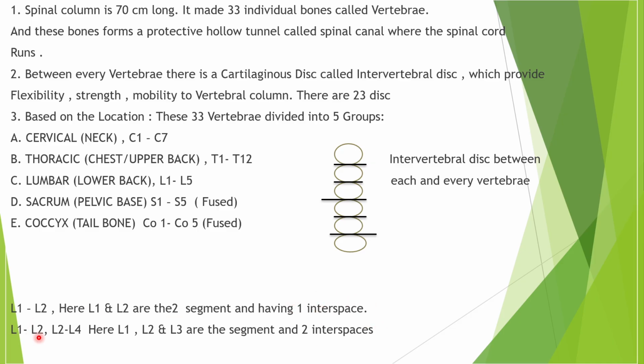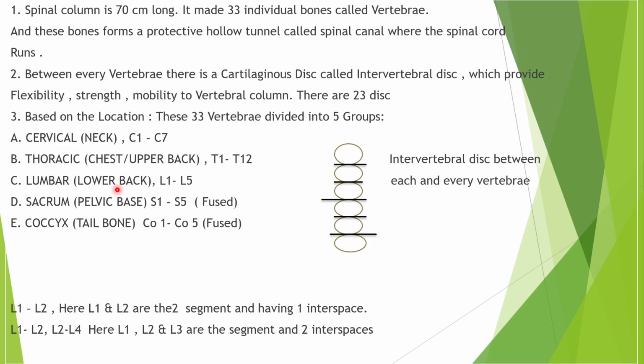For example, L1 to L2, L2 to L3: L1, L2, L3 are the segments, but there are two spaces. L1 to L2 is the first and L2 to L3 is the second interspace.